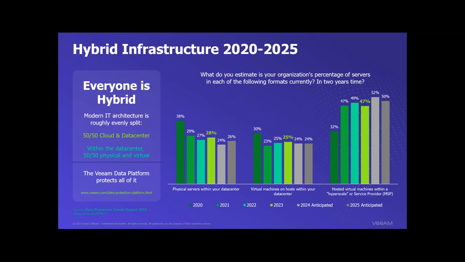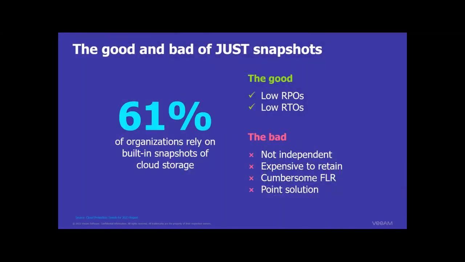Let's then talk about if that data is running in the cloud, what are organizations doing about it? In our Cloud Protection Trends report, another research report that we sponsor, we found that 61% of survey respondents rely on built-in backups of cloud storage. So that means that when we say, hey, how are you backing up your Azure VMs? The answer is often, I'm scheduling snapshots.